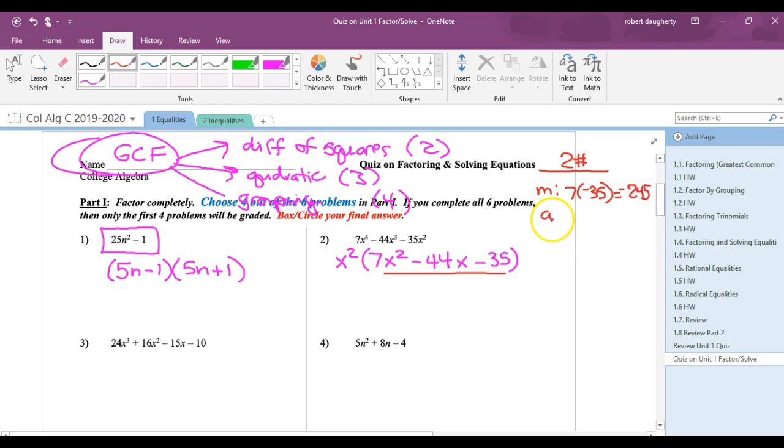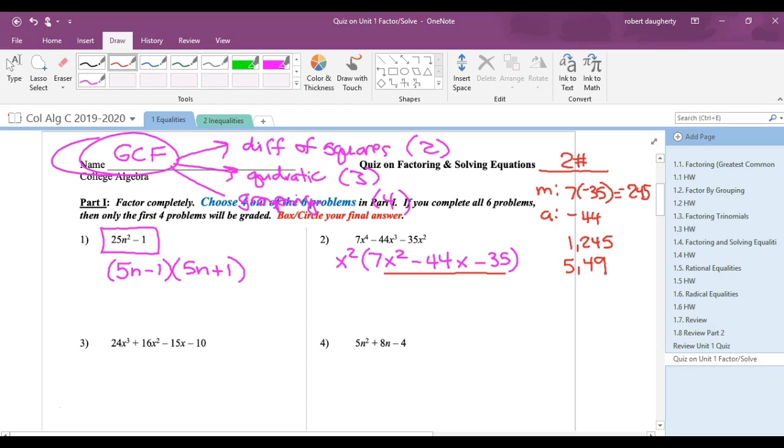And those numbers are going to have to add to give me a negative 44. Okay, negative 245. I don't know a whole lot about that, but I know it's 1 and 245. Okay. I can divide this by 5. So 245 divided by 5 is 49. So this is 5 and 49.